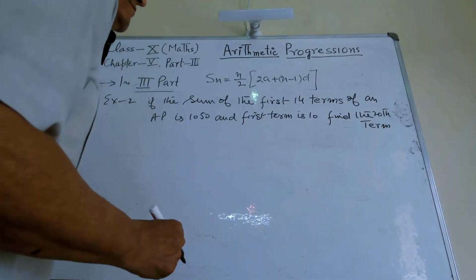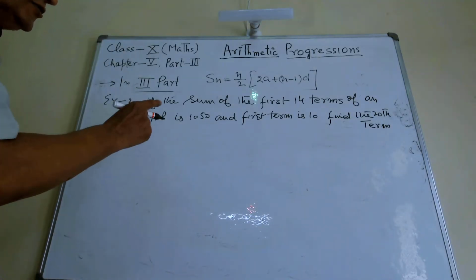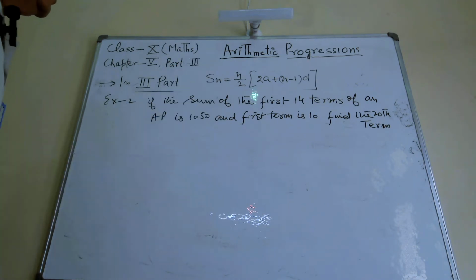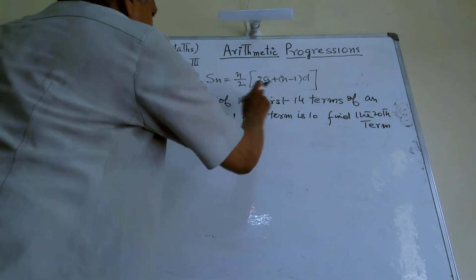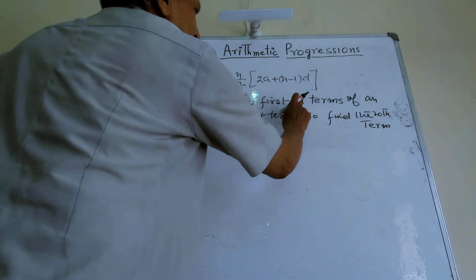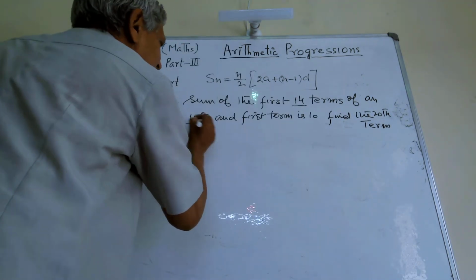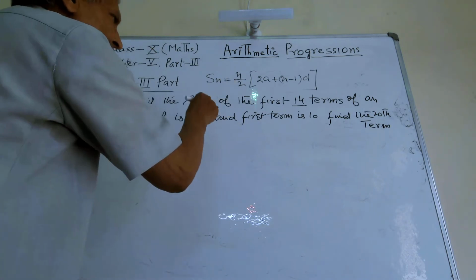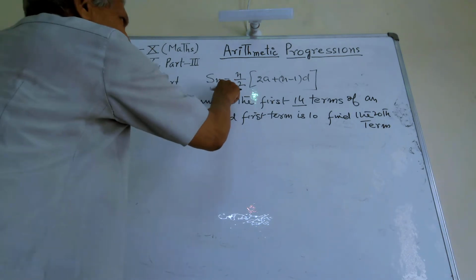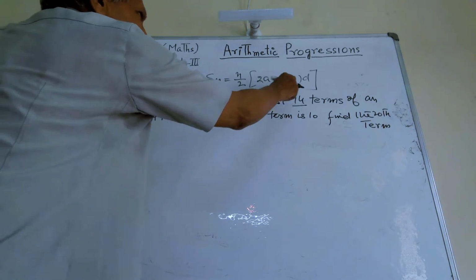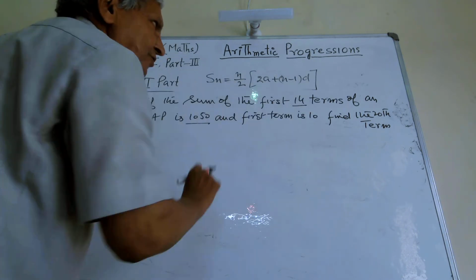Here, my dear students, in this question you have to apply both the formulas. Here the sum is given, the sum of 14 terms is given. So first you have to apply this sum formula, and from this formula you have to find out d, because d is not given.